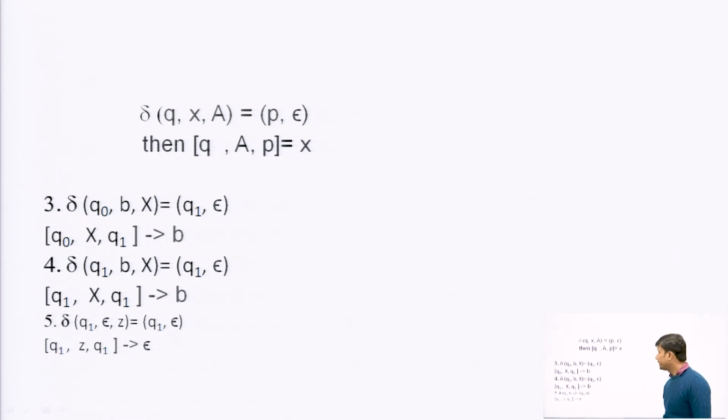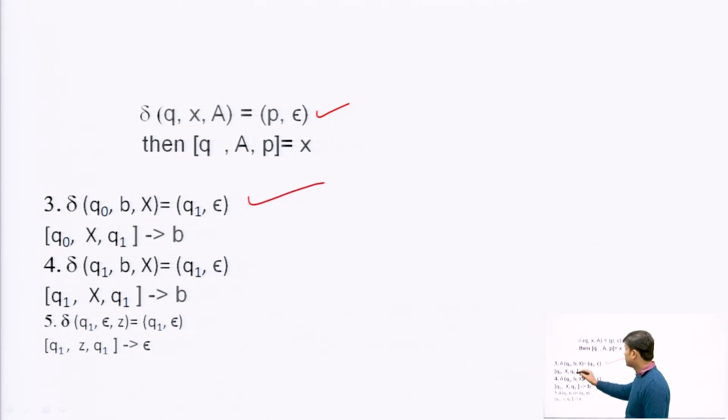Next is the third production. Third production is saying that q x a p, then q a p equal to x. Here q a p equal to x means this is a pop operation. So here is the production, you see q0, and this is the stack, and this is b, and this is q1.